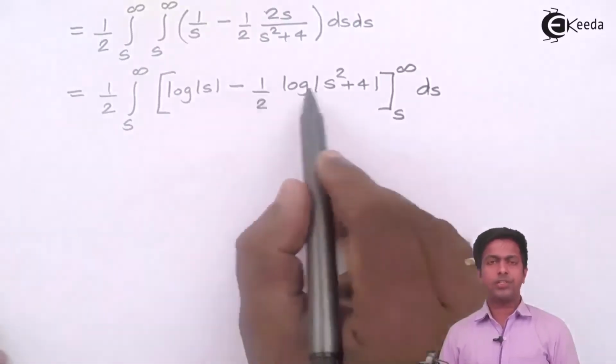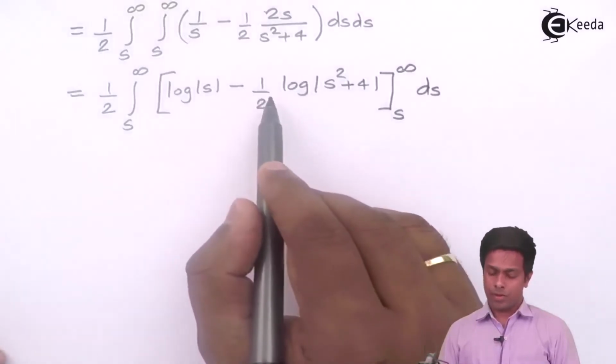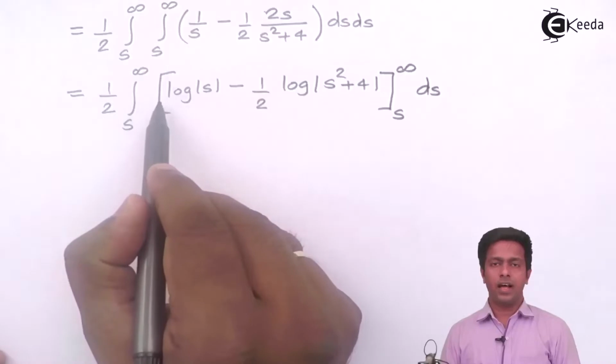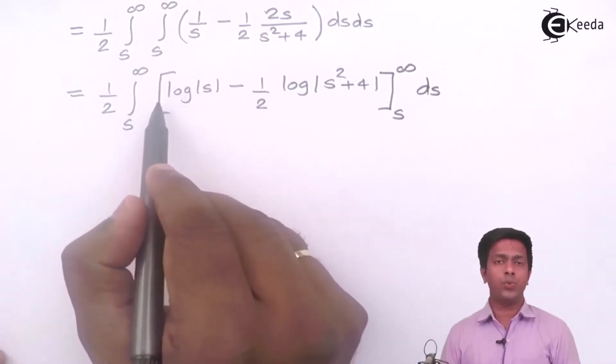So for that, what I'll do is, here to bring half, I'll multiply and divide by 2.